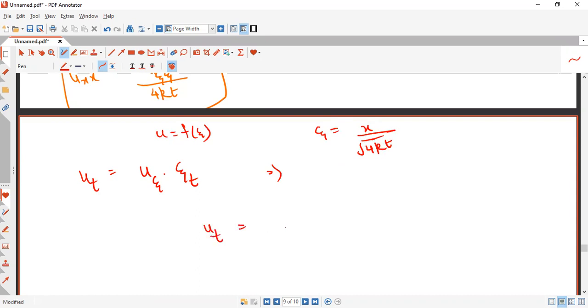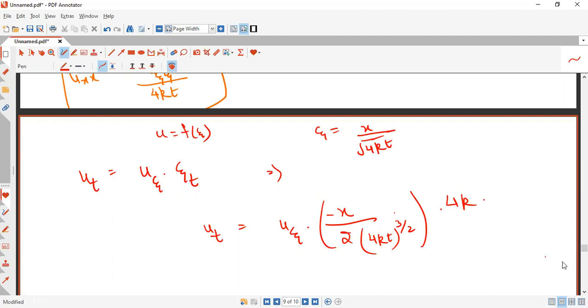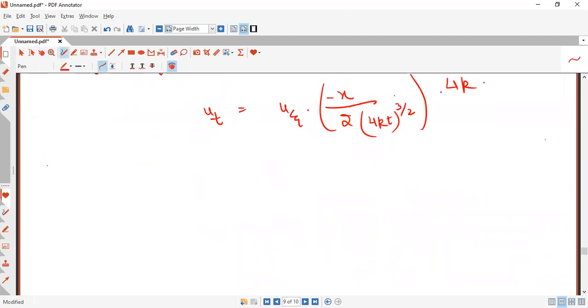So ut will become u xi into xi t. First, you have to solve this root. So it will become minus 2, 4 kt power 1 upon 2 plus 1. It will become 4 kt power 3 upon 2, right? Into 4k. That.